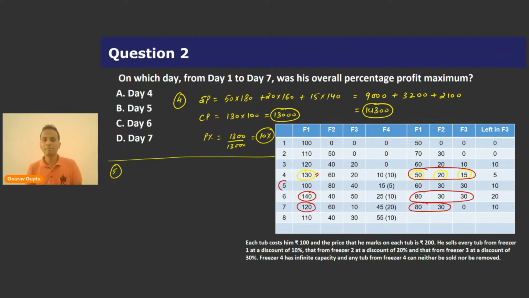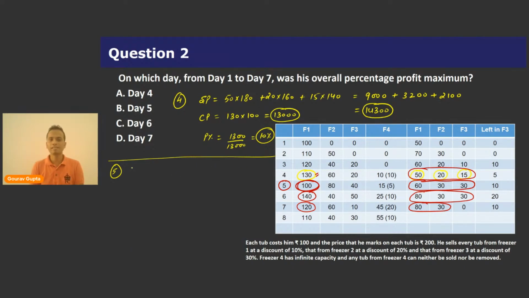But look at day number 5, he has kept 100 new tubs and he has sold 120 tubs out of that. So it will give you an estimate that probably on day number 5, he will have a maximum profit percentage. Okay, right? So this can also give you the idea of the answer, but still we'll calculate.